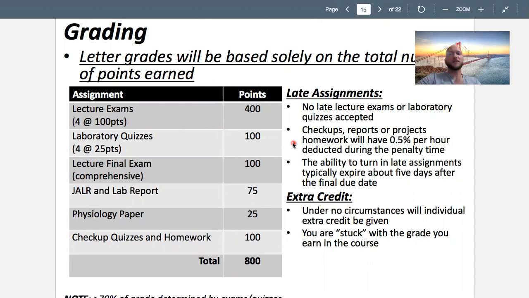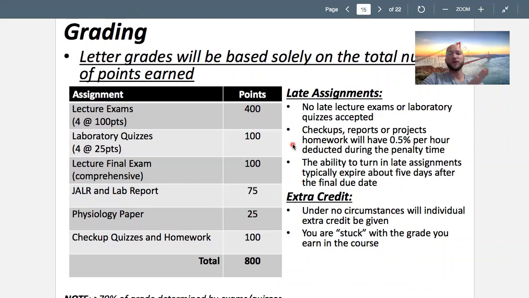The first date is the due date. You should complete every checkup by the due date. However, points will not be deducted the way I've scheduled this whole semester.